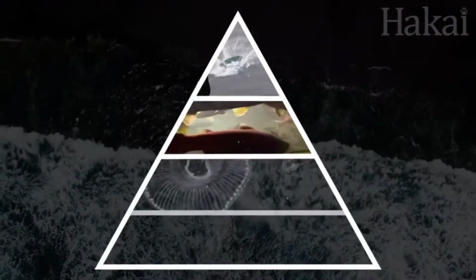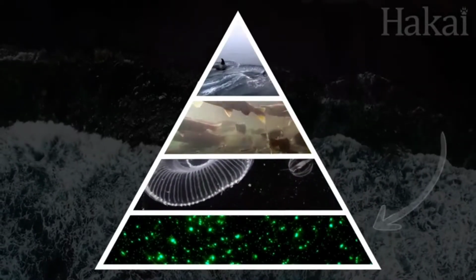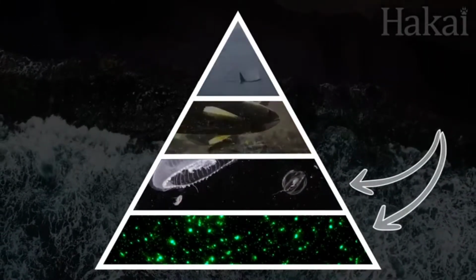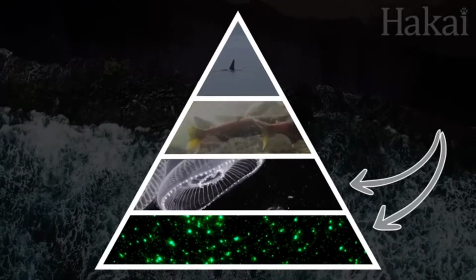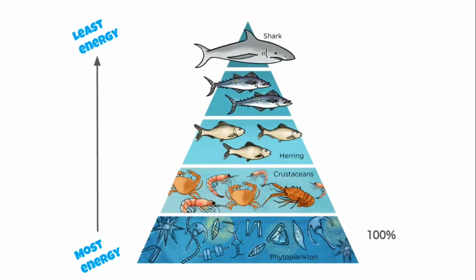Food pyramid. A food pyramid, or energy pyramid, is a model that shows the flow of energy from one trophic level to the next in an ecosystem. The model is a diagram that compares the energy used by organisms at each trophic level.